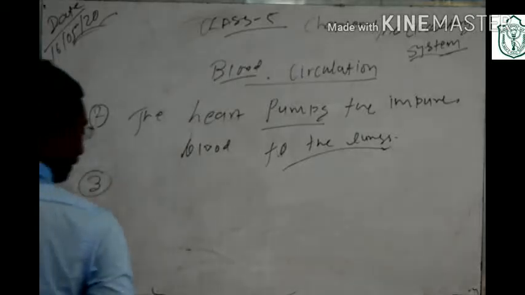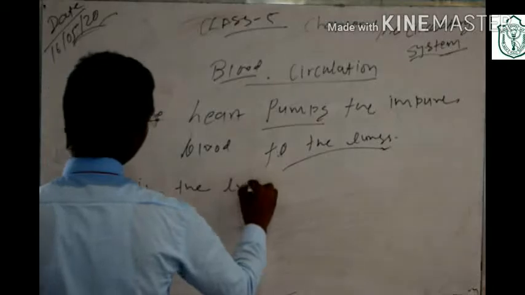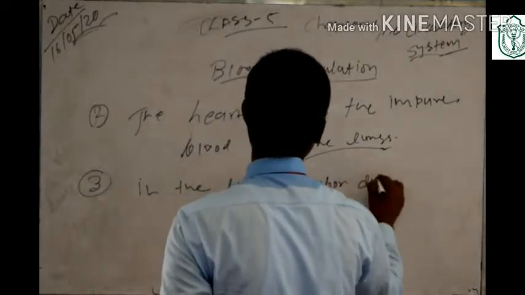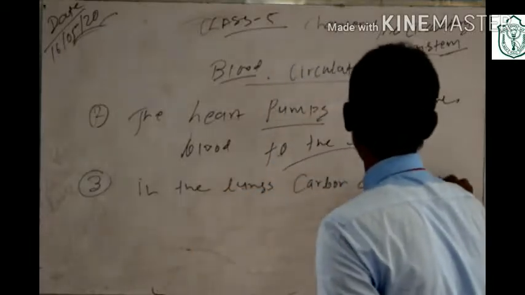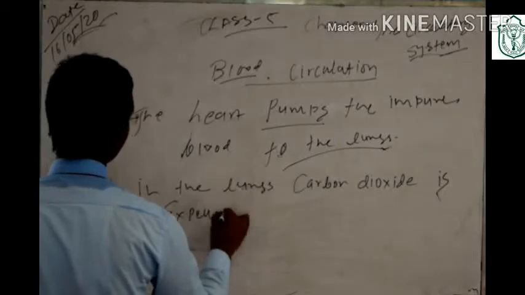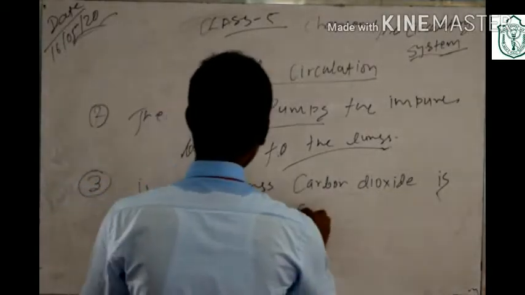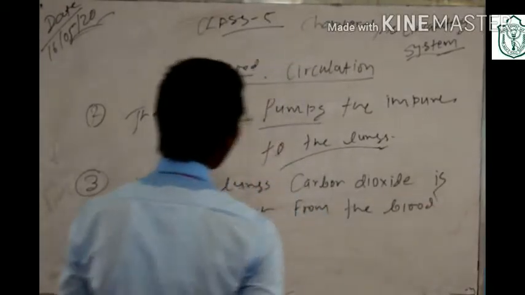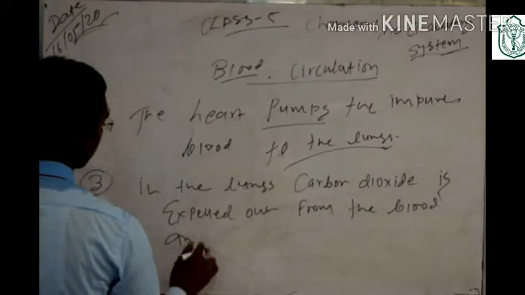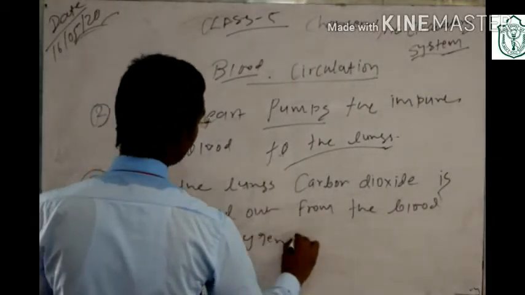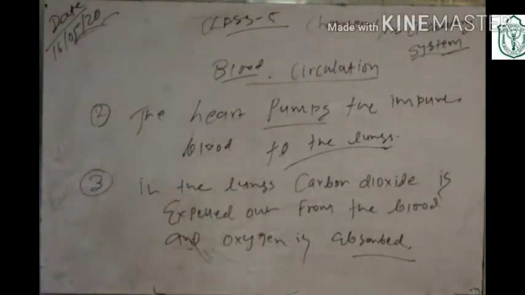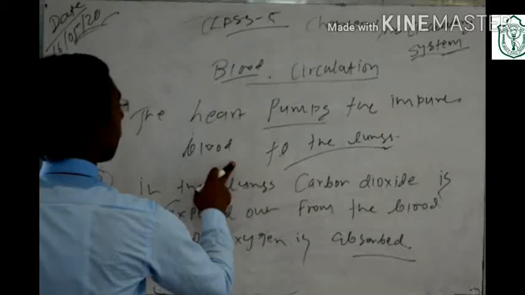Now the third point: in the lungs, carbon dioxide is expelled out from the blood, and oxygen is absorbed. In the first point we studied that the heart receives the blood from different parts of the body, and after receiving, the heart pumps the impure blood to the lungs.